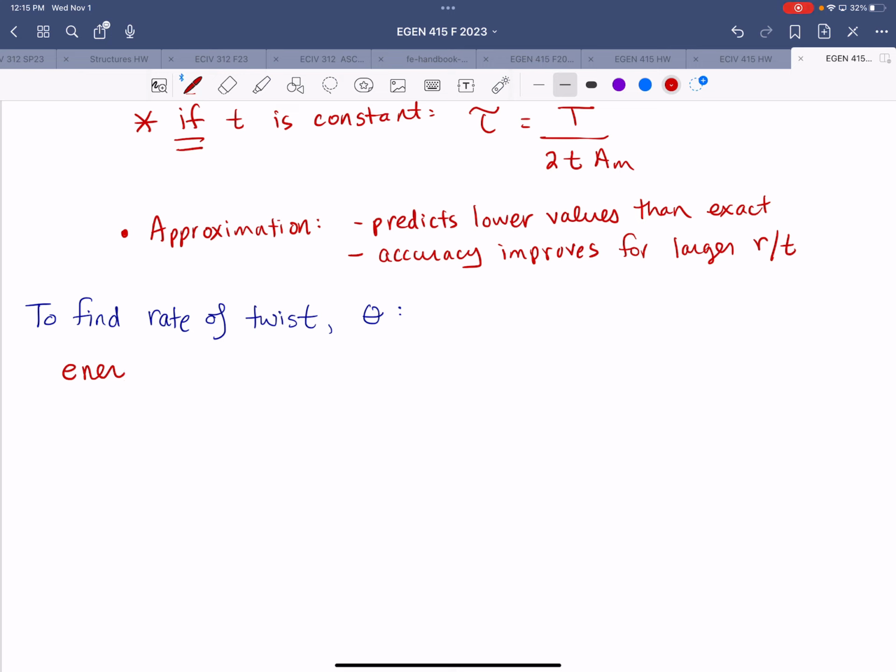So to find the rate of twist here, we're going to come from the energy argument.